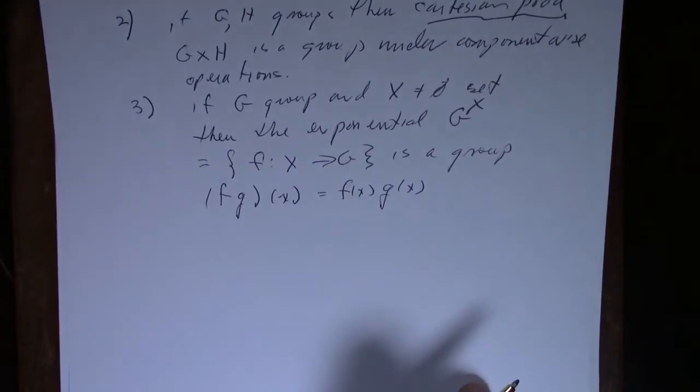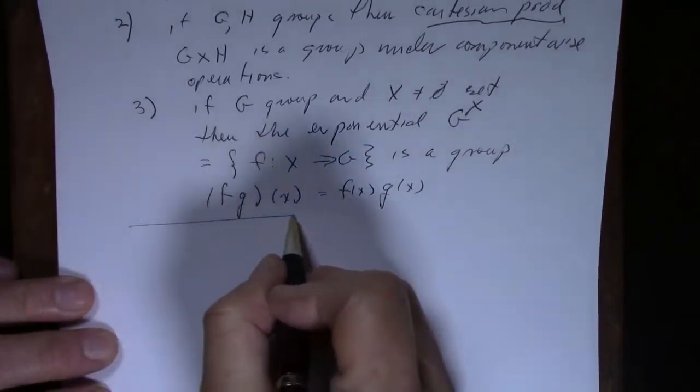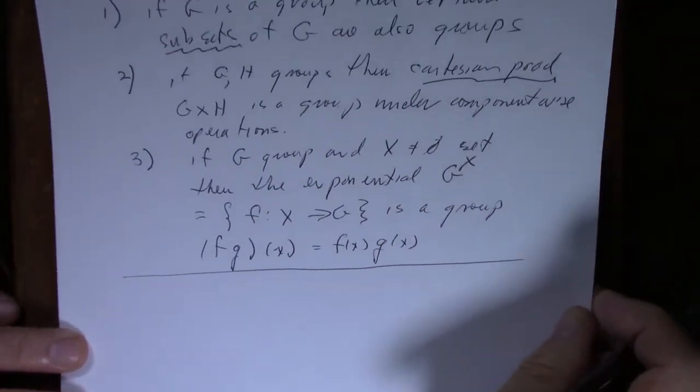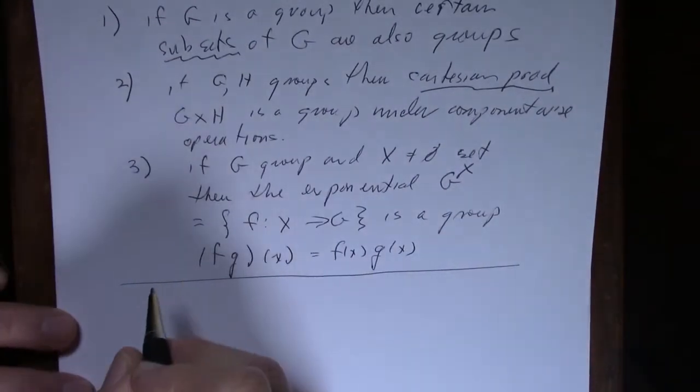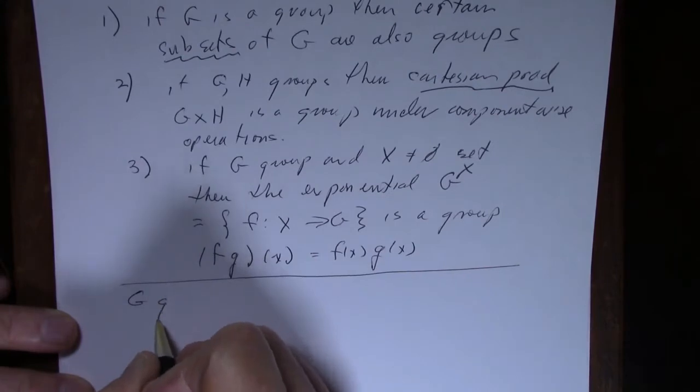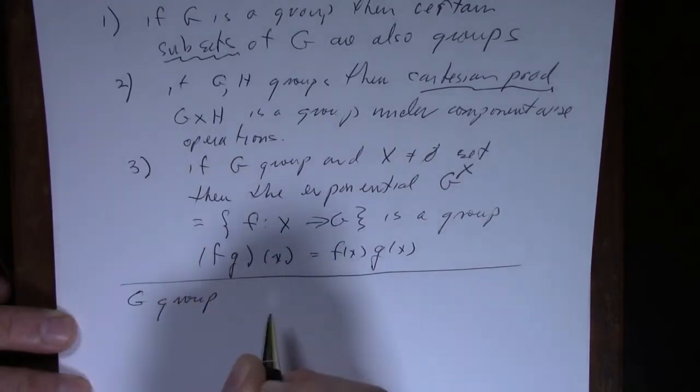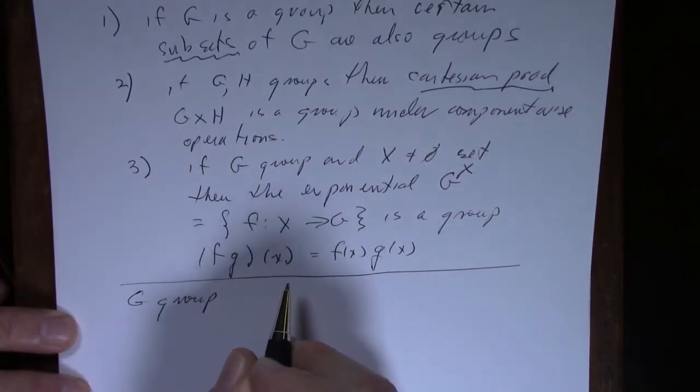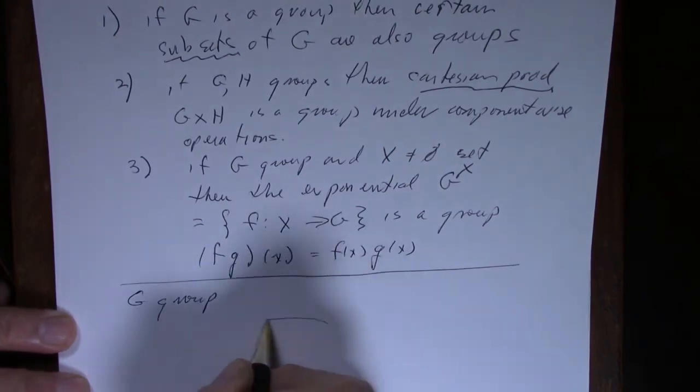But there's one more that is fairly straightforward. Suppose G is a group, and suppose that we partition G. Let me draw a picture.